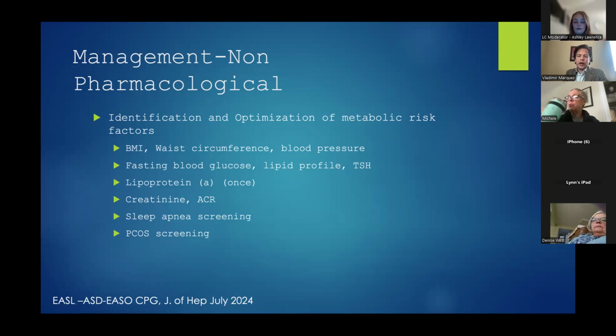In some people, probably also screen or assess for the possibility of polycystic ovarian syndrome, which is often associated with steatotic liver disease.